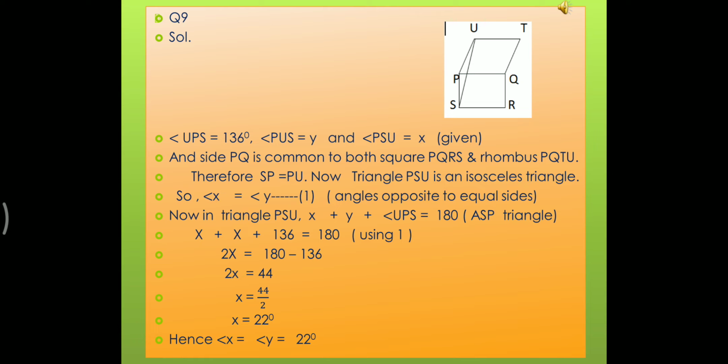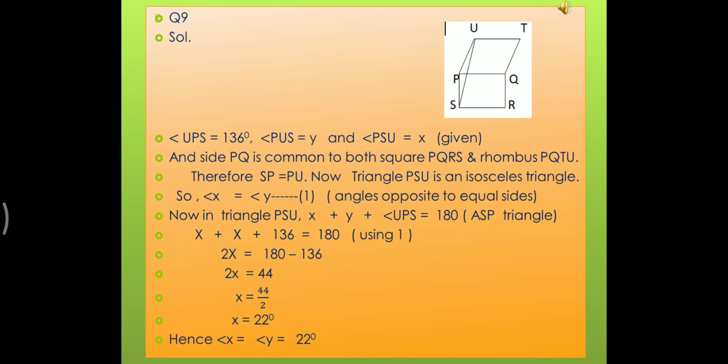Now we will focus on triangle PSU. We find that SP is equal to PU. And we know when two sides of a triangle are equal, that is an isosceles triangle. Therefore, triangle PSU is an isosceles triangle.